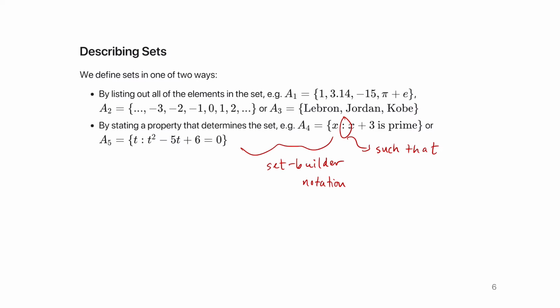Okay, so I go through, find all these X plus 3 elements, and then for those, I select the X's when X plus 3 is prime. Another way I could do this is say, give me all T's such that T squared minus 5T plus 6 is equal to 0. Okay? And again, the colon means such that.